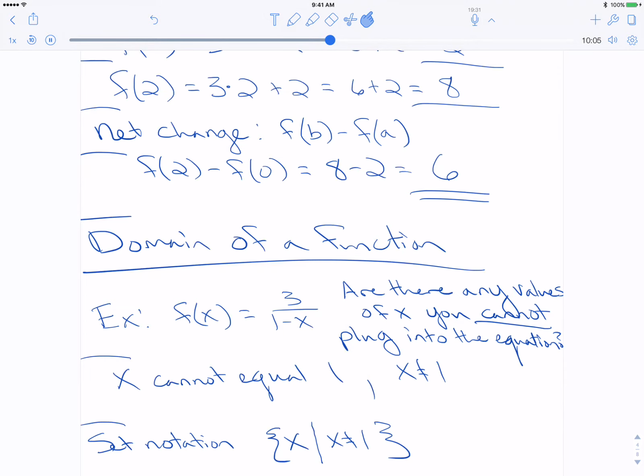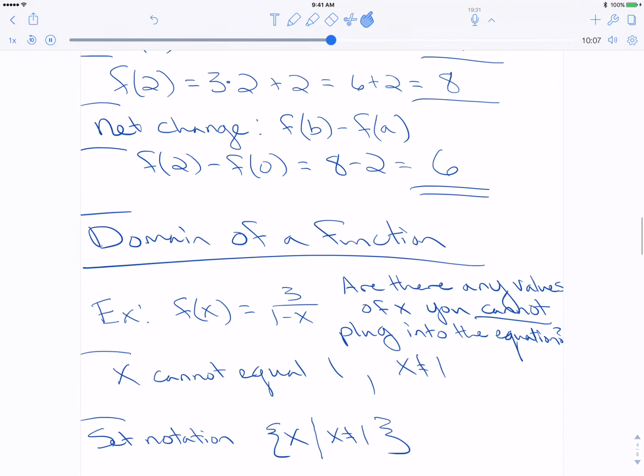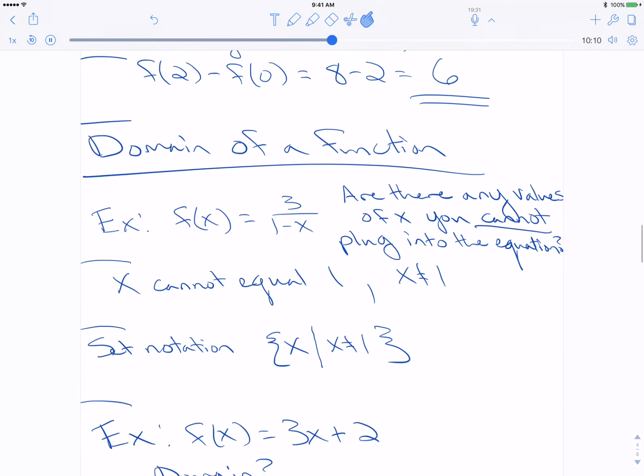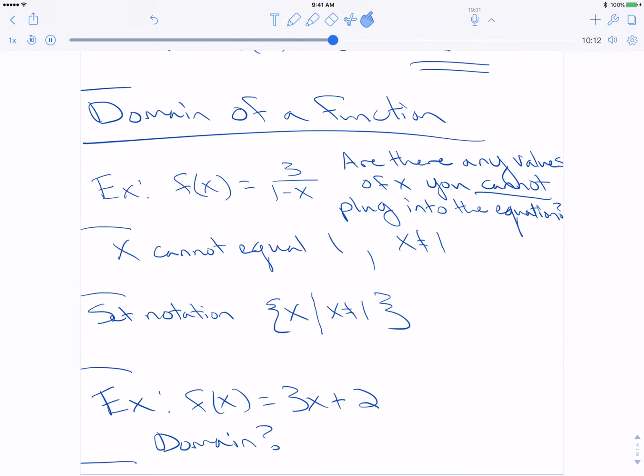That's an example where you have to exclude a value, but let's take a look at the linear function we've been using all along, 3x plus 2. Is there a single x value that you cannot substitute into this function? No. All values of x work.